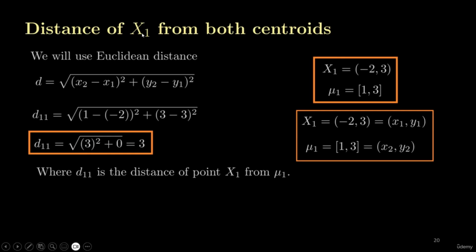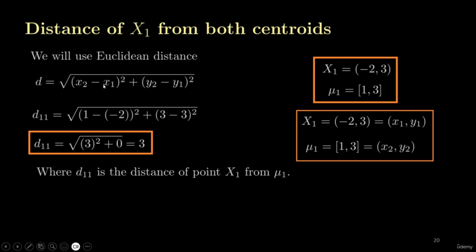Since we are going to calculate the distance of x1 from the first centroid, which is mu1, the coordinates of x1 are x1, y1, and the coordinates of this centroid are x2 and y2. So x2 minus x1 will be 1 minus -2, and y2 minus y1 will be 3 minus 3.